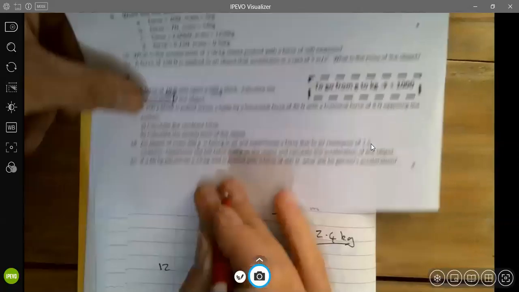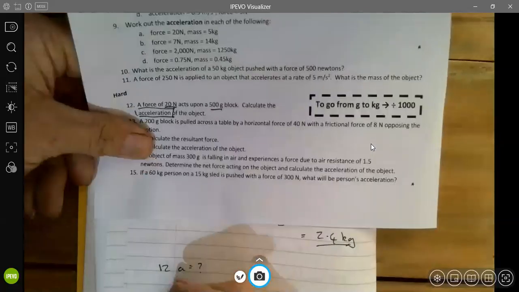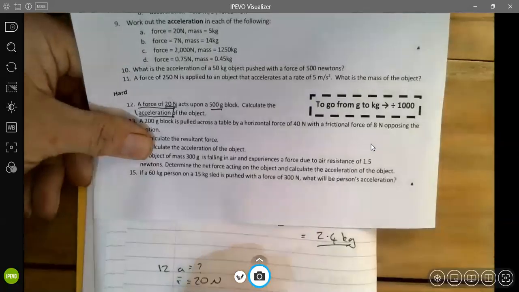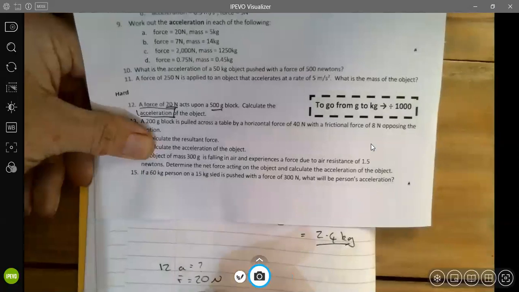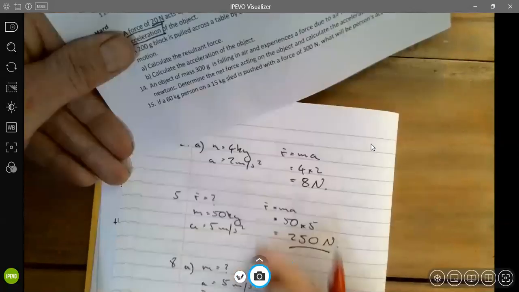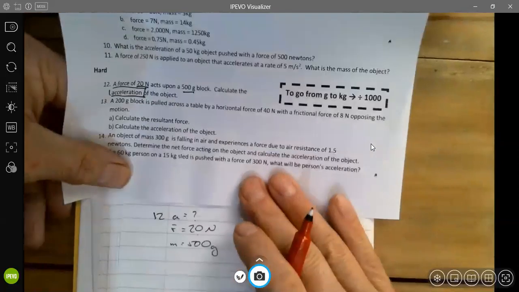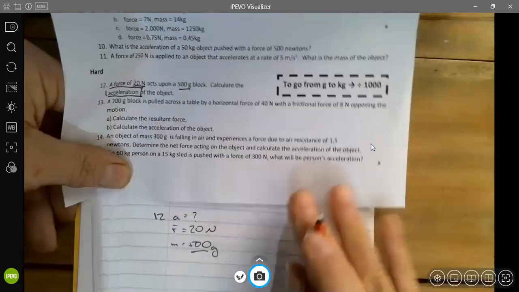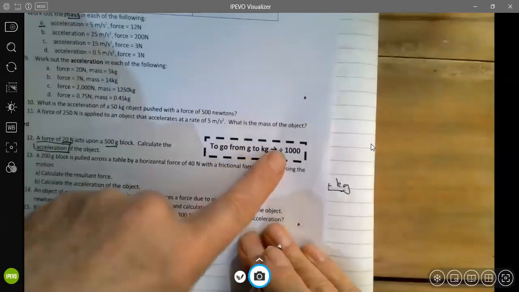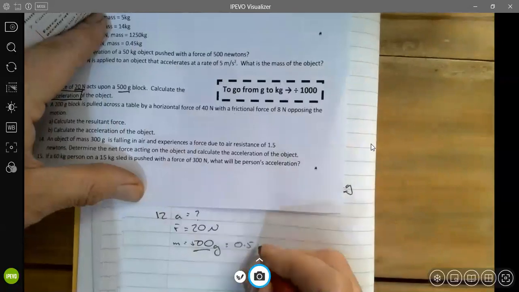So acceleration, we don't know, but we do know force is equal to 20 newtons and the mass is equal to 500 grams. Now, on all these questions, I always write down the units. Mass is measured in kilograms, so I need to convert this to kilograms. In order to go from grams to kilograms, I divide by 1,000, which will leave me with 0.5 kilograms here.